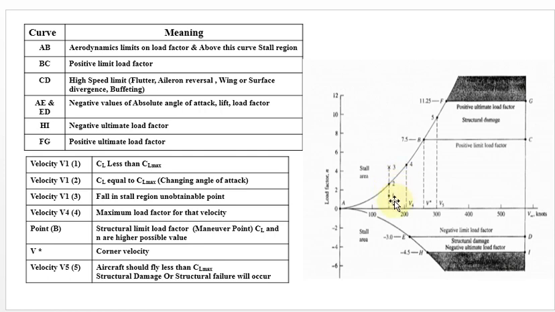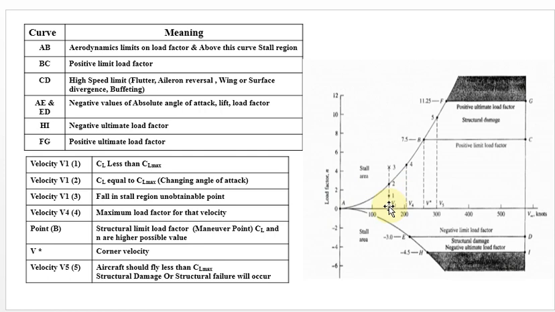That is why we have to find the N max value based on the CL max. For the corresponding velocity V1, point 2 is the CL max value. When you fly at CL max, you get the maximum CL value, and similarly the corresponding load factor value for that velocity condition.